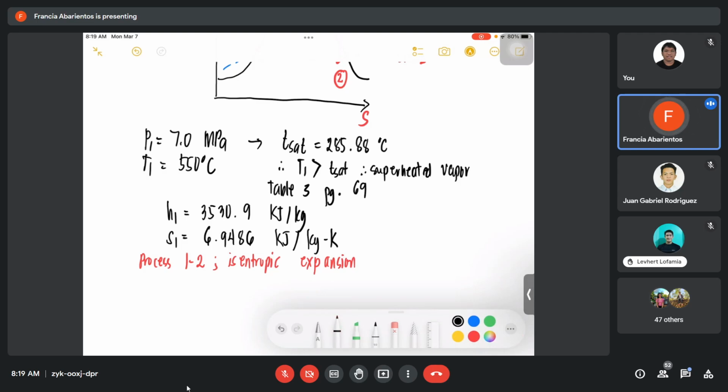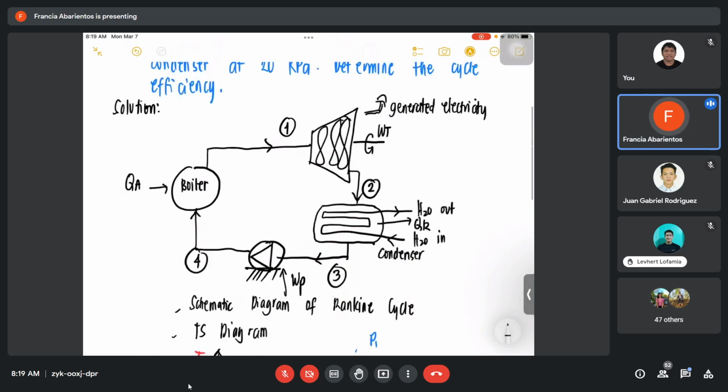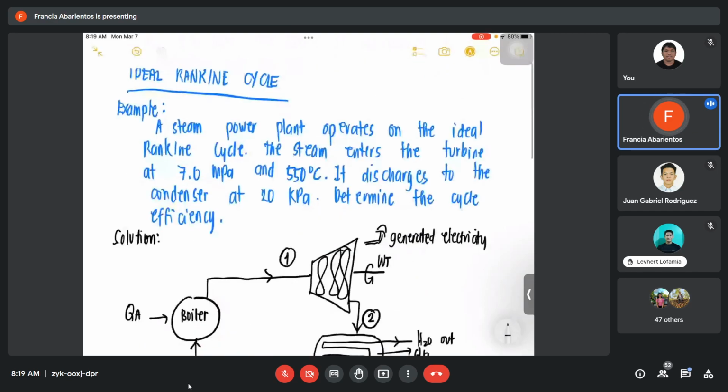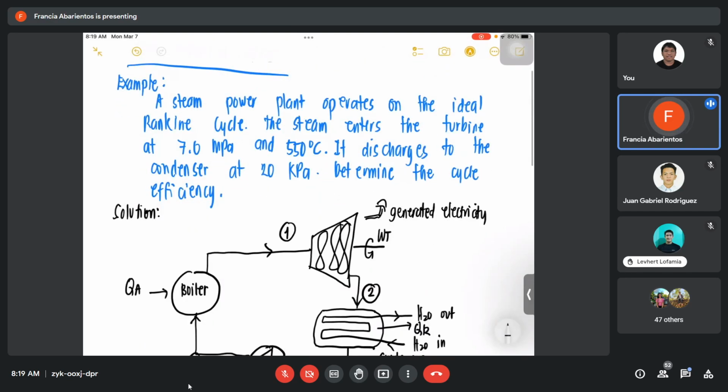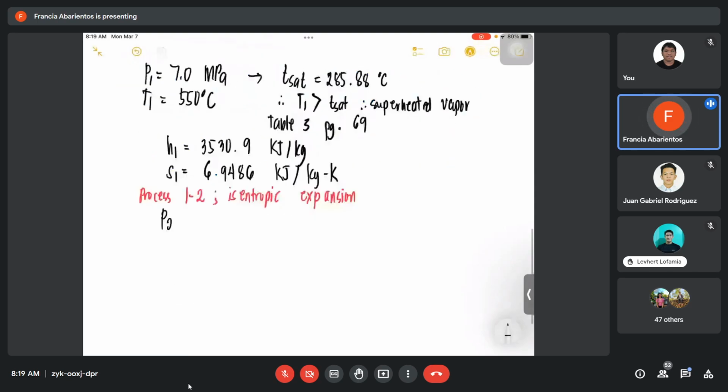Ano class yung given pressure natin? Pressure 1, the steam turbine enters at 7 megapascal and it goes to the condenser at 20 kilopascal. So we have the pressure 2 at 20 kilopascal. O, sa steam table nyo, makikita nyo is MPa.